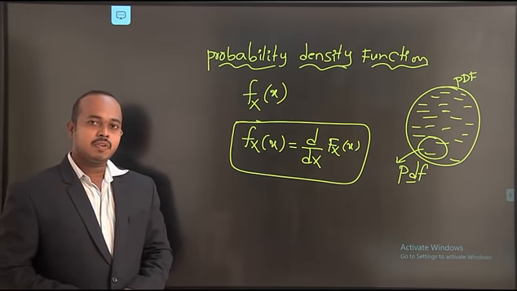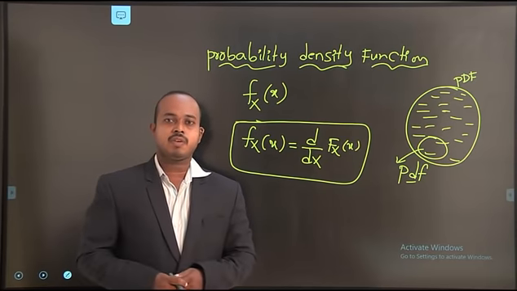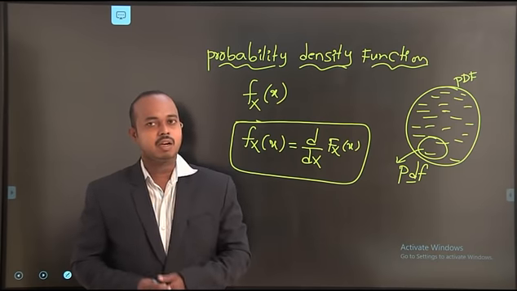Here the density function is represented for a continuous random variable and a discrete random variable.